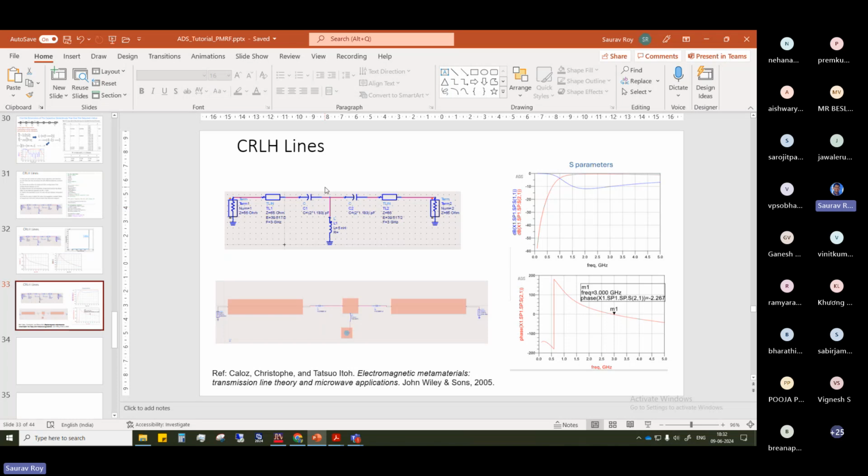These are ideal components, right? In any microstrip line design, if you have to take the component you want, we take the value from the datasheet itself with parasitics and everything. We put that here and replace it, and then we simulate it. That is what you have to do.